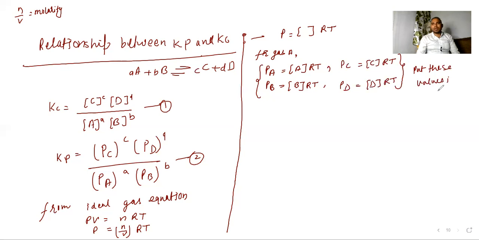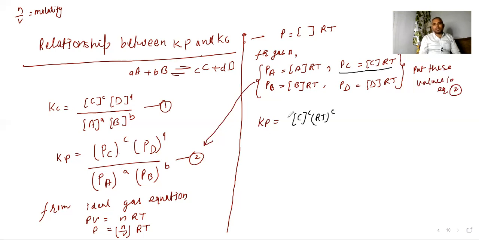If we put all these values in equation number 2, what Kp value do we get? PC to the power c can be written as [C] to the power c and RT to the power c, because PC whole power c is there.